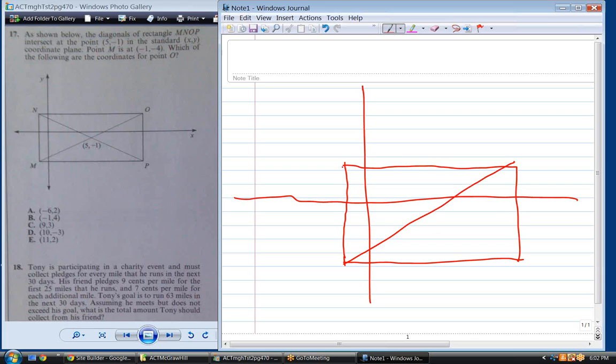So the diagonals of that rectangle go through the point (5, -1). And in the problem, they tell you that this point is (-1, -4). They want the coordinates of that point right there.